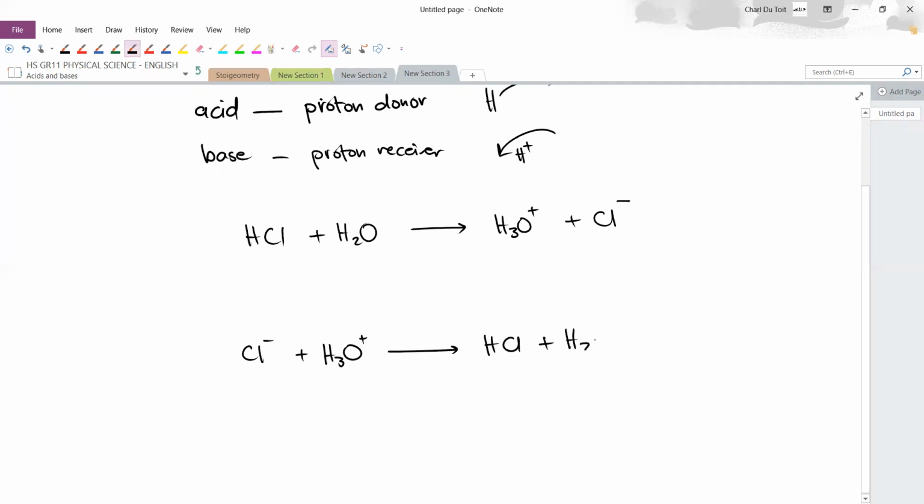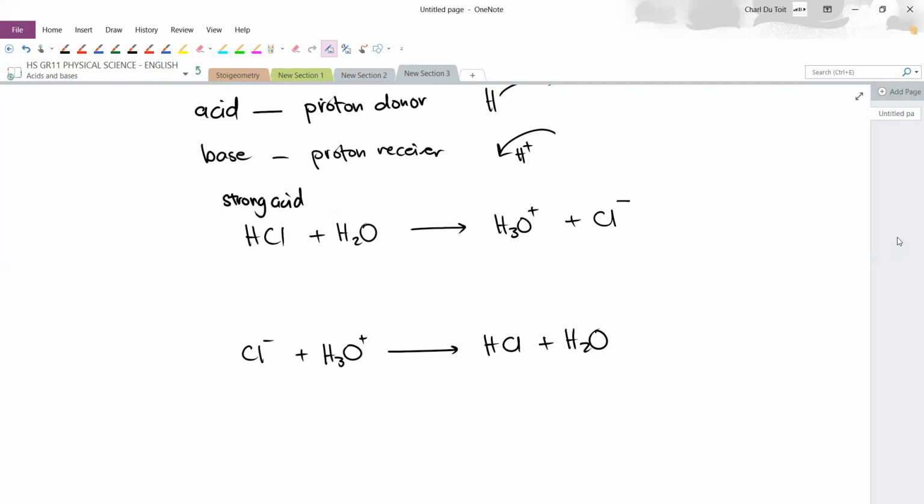I thought you're only supposed to write them a certain way. No, but the top reaction is the ionization of hydrochloric acid. The reverse reaction won't take place because hydrochloric acid is a strong acid, so it ionizes fully.